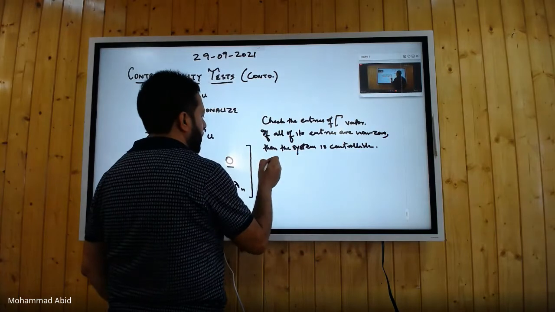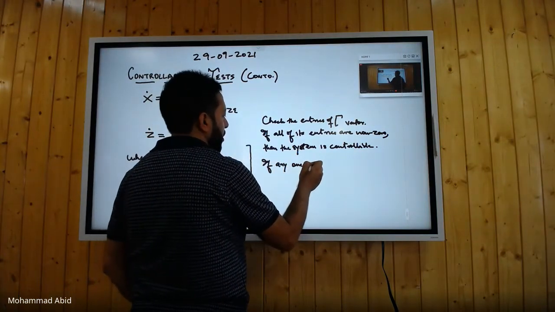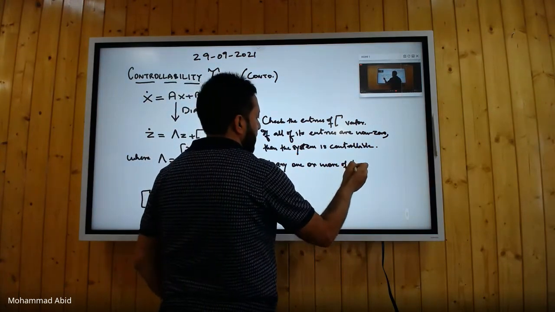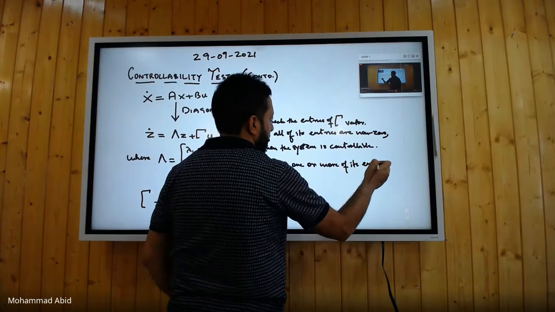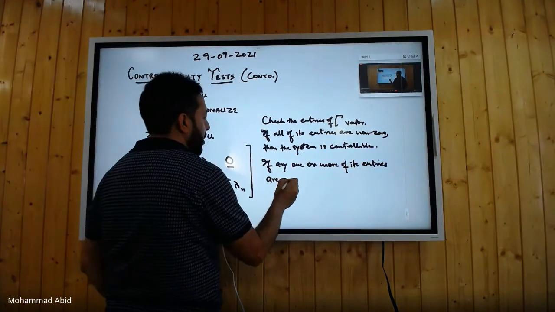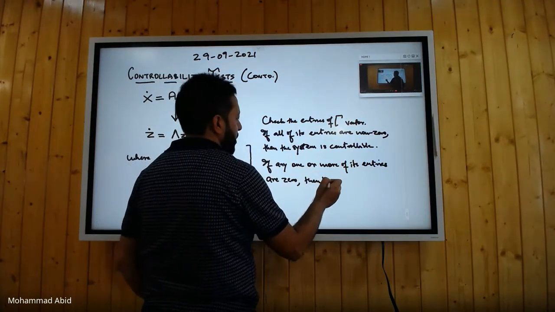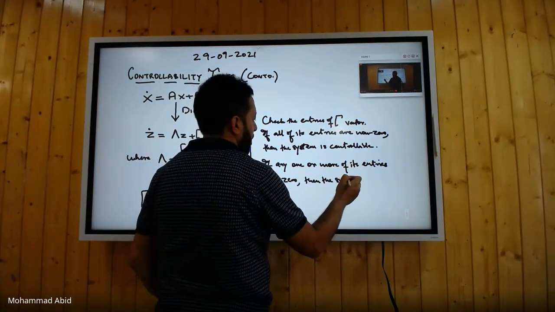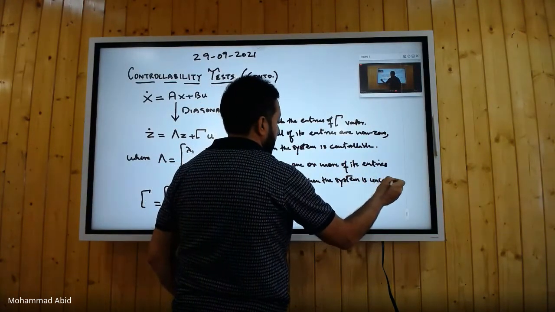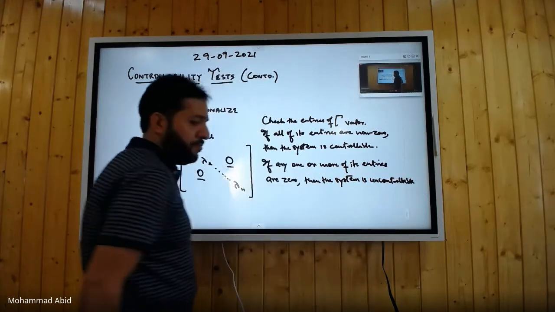If any one or more of its entries are 0, then the system is uncontrollable. Is that clear?